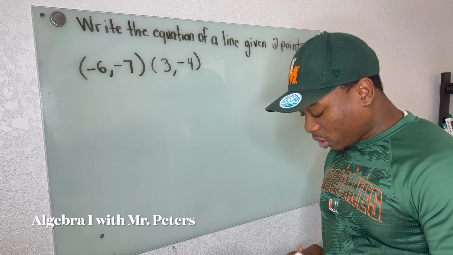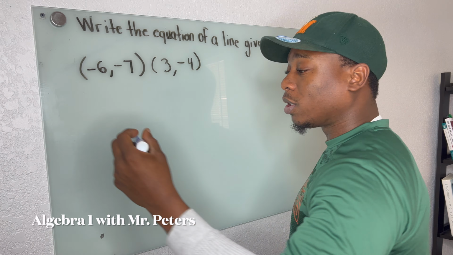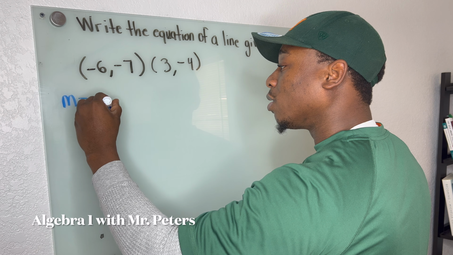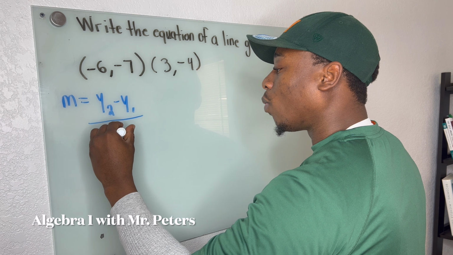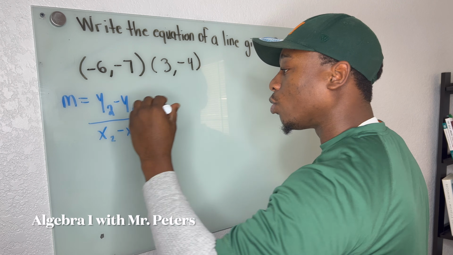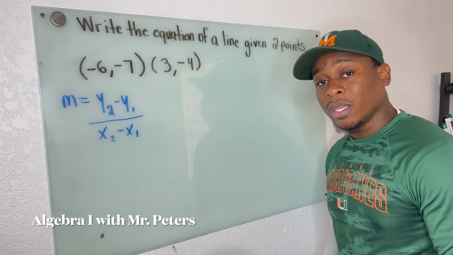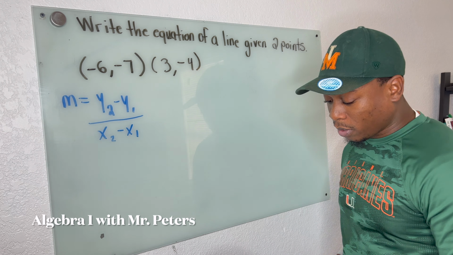And before we start, let's write down all the equations that we're going to need for this problem. So we're going to need the slope equation, right? So y2 minus y1 divided by x2 minus x1. Because anytime we have a line, guys, and we're trying to get the equation of a line, we have to know its slope. All right.